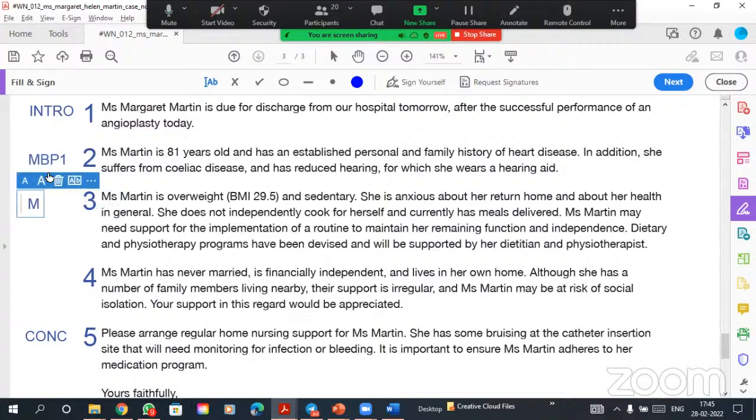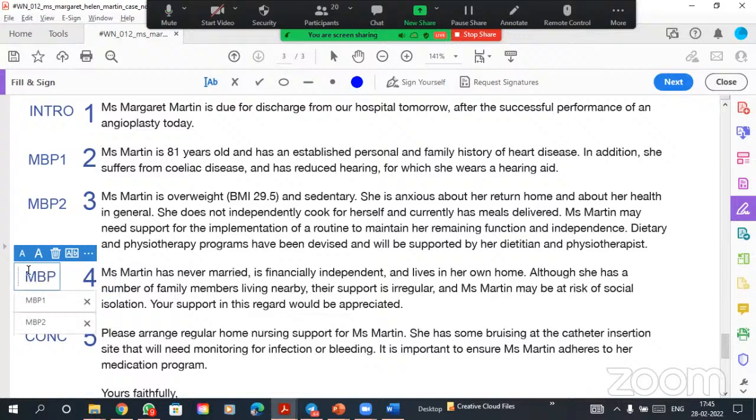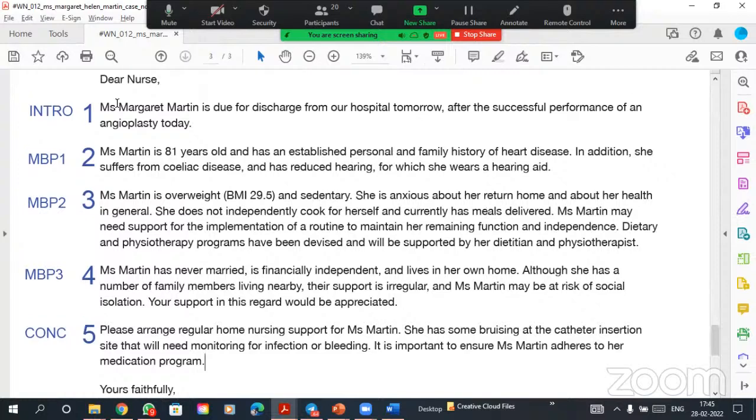This is MBP2. And this is MBP3. So this is how it will be. You have to realize these things. So dear nurse at the top and yours faithfully at the bottom. In between there are 5 paragraphs.